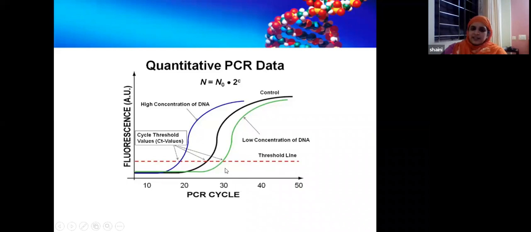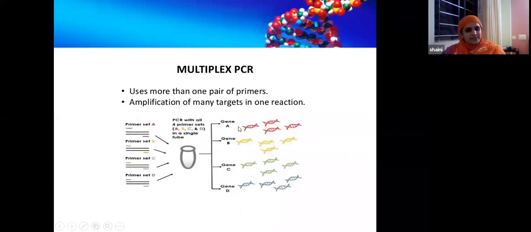On the other hand, the green sample started showing positivity only after some 30 cycles. So the concentration of DNA in the green sample is much lower compared to the blue sample. The quantification is much less.